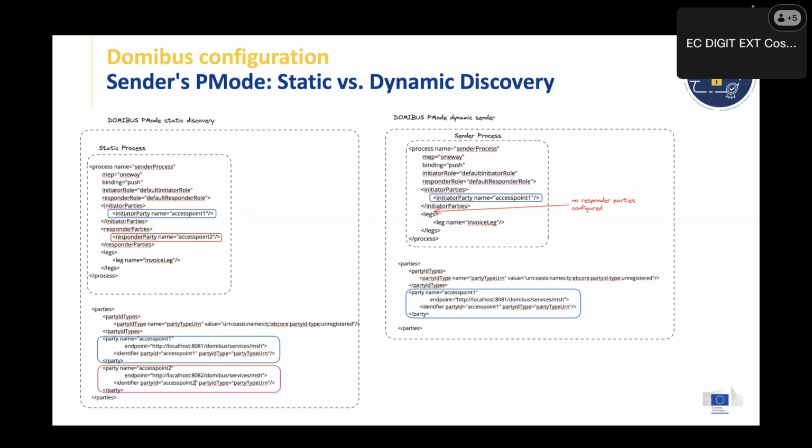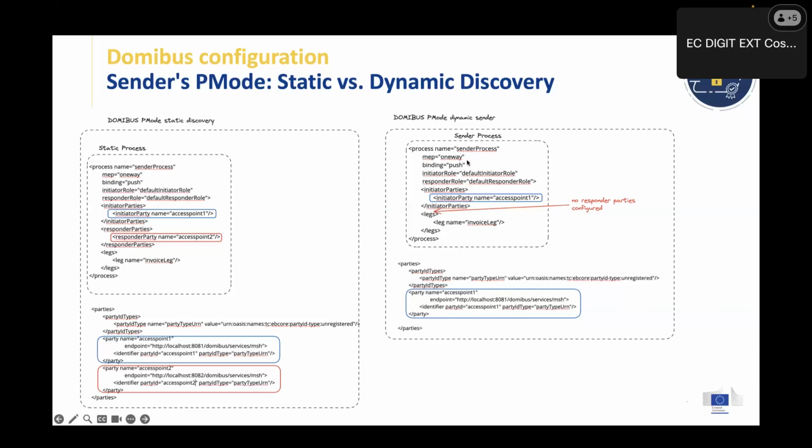So before sending any message, the details must be configured. We have to list the initiators in the initiator parties section, the responders in the responder parties, and we have to provide the details, so the URL and the party IDs for each party using the static discovery.